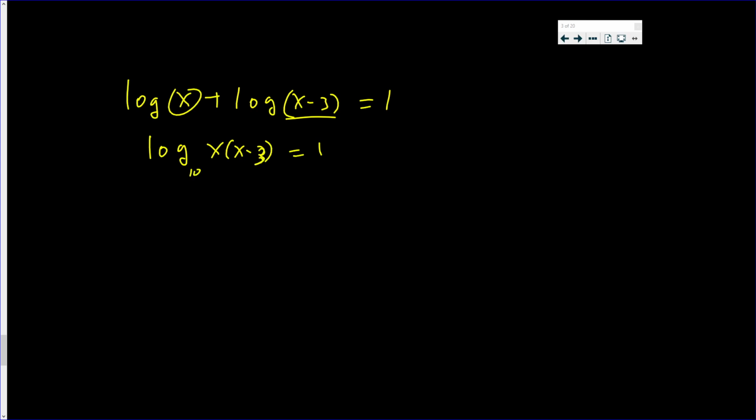Now, there's an understood 10 there, and you can say 10 to the 1 is equal to x times (x minus 3). Or, you can realize that 1 is log 10 itself. So this equals 10. That is what I have down here.